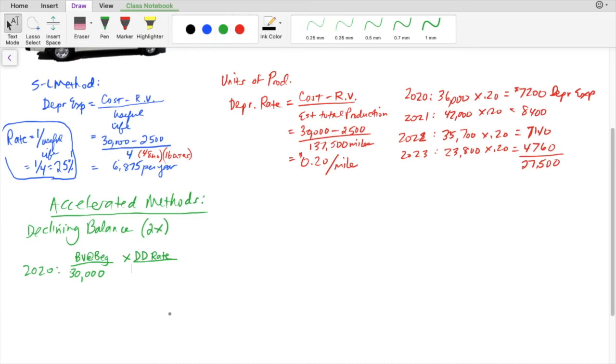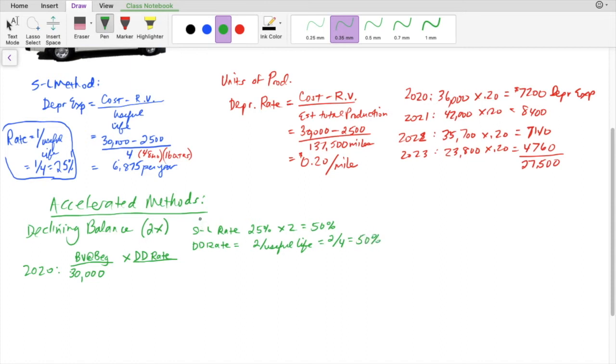The double declining rate is calculated by doubling the straight line rate. So we saw the straight line rate was 25%. We take that times 2 and we get 50%. We can also simply take 2 over the useful life, which is 2 over 4, and we get 50% as well.